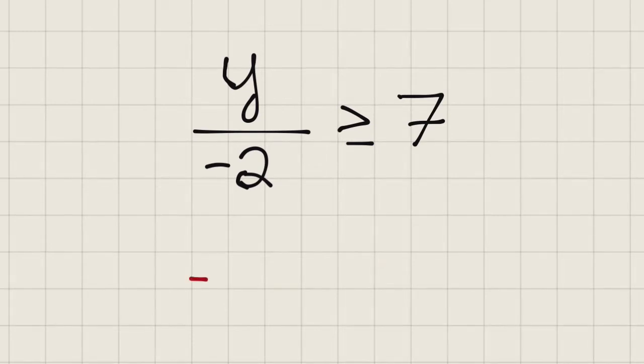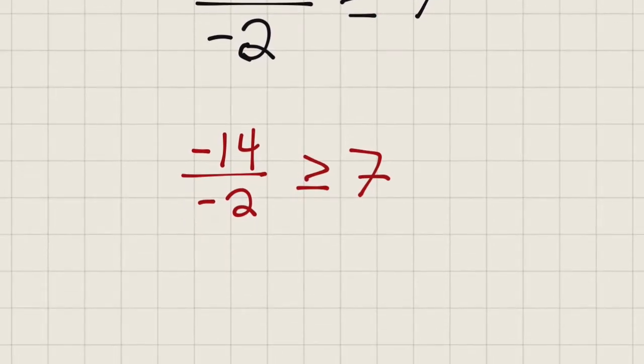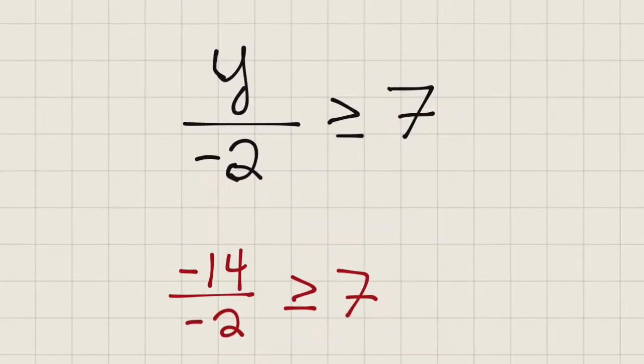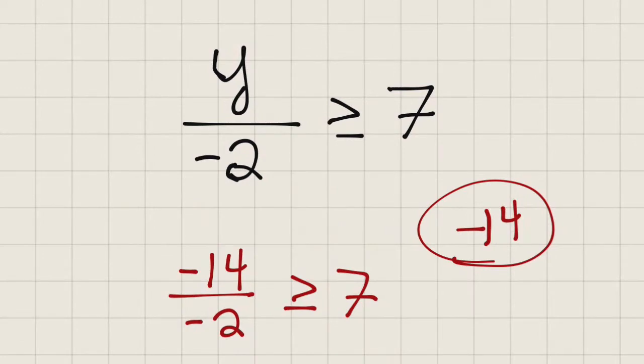If I had -14 over -2, greater than or equal to 7, that becomes 7 is greater than or equal to 7, and that's true because it can be equal. So this is a true statement. Check. So we know that -14 has to be a solution to this problem. I want you to keep that in the back of your head for just a moment.